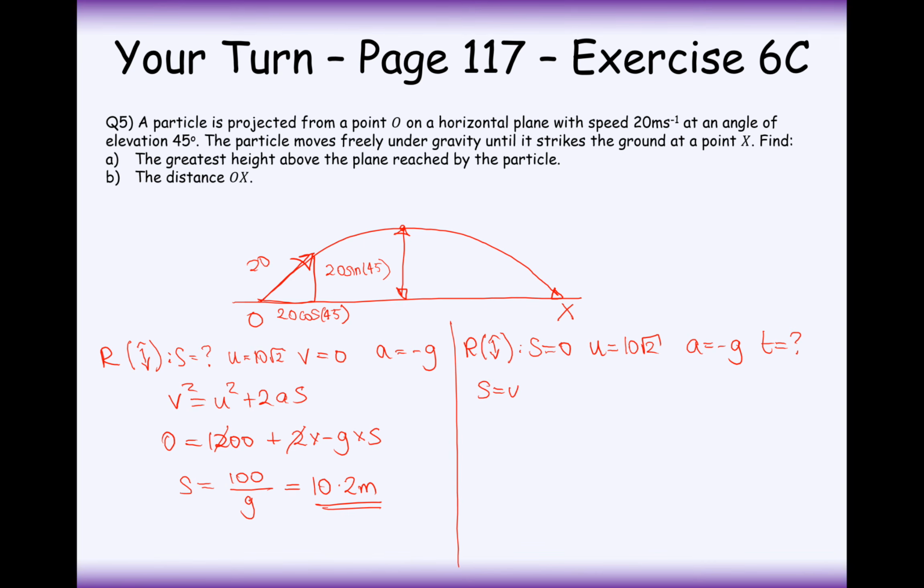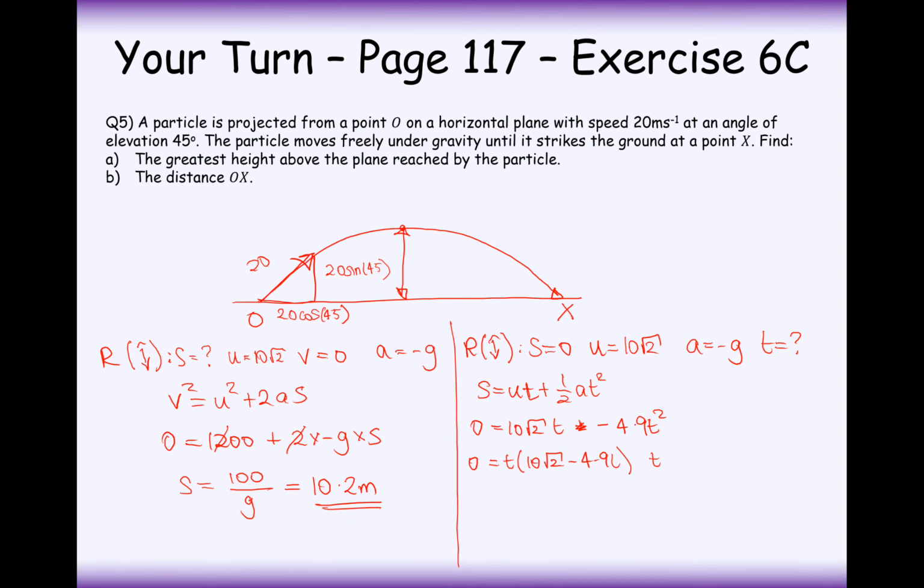So s equals ut plus half at squared, and let's substitute in the numbers. It's going to be 0 equals 10 root 2 times t, plus a half, so let's do it as minus because it's going to be minus g. Half of g is 4.9, times t squared. Then factorize out t, so that's t times (10 root 2 minus 4.9t).